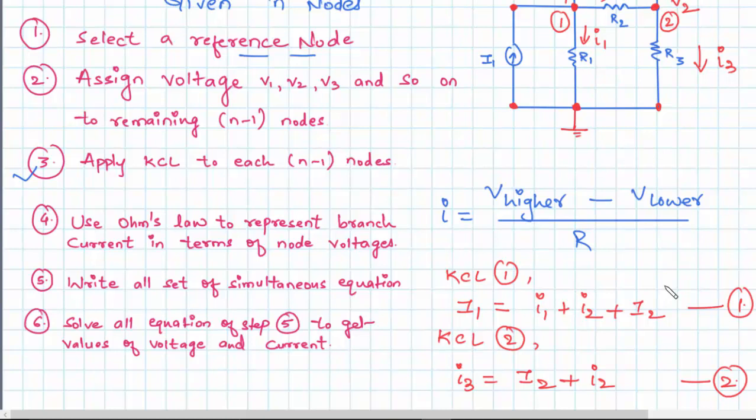In step 3, we will apply KCL to all these nodes, and in step 4, we will use Ohm's law to represent branch currents in terms of node voltage. In step 5, we will form the simultaneous equations, and in step 6, we will solve all the equations which we have in step 5 to get the value of voltage and current. Alright, let's try to solve a couple of problems in the next lecture.